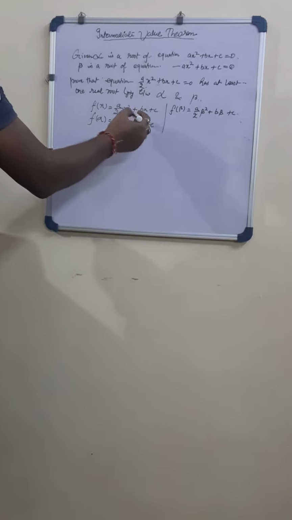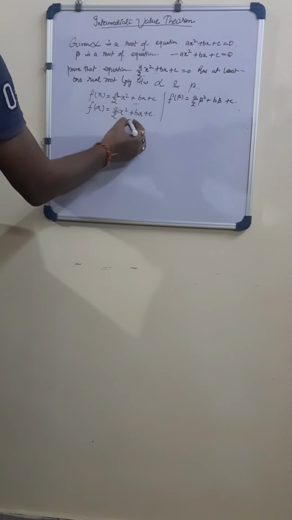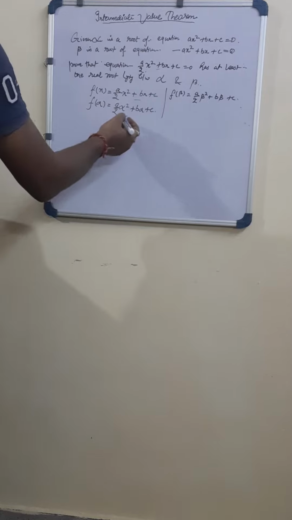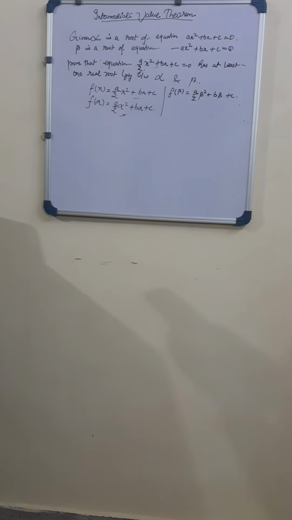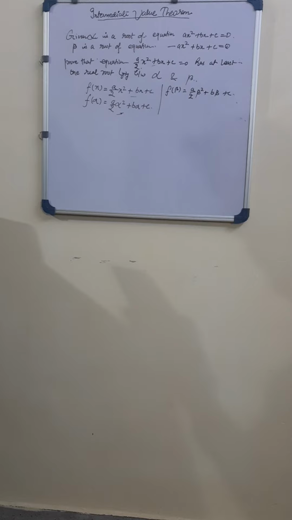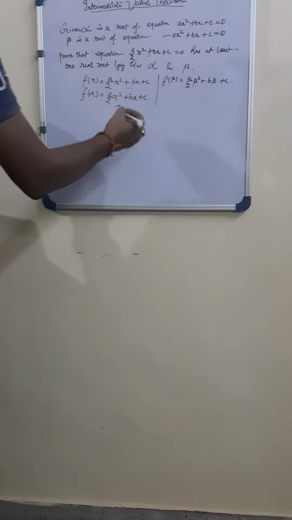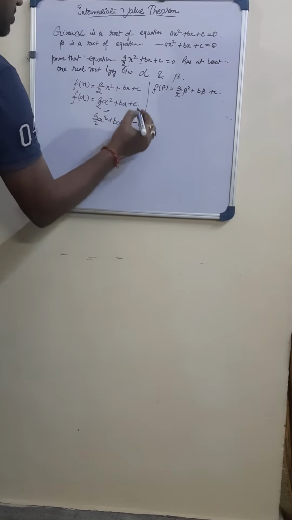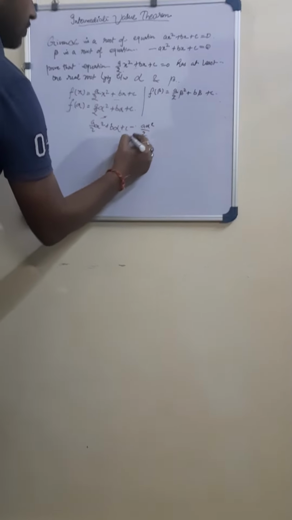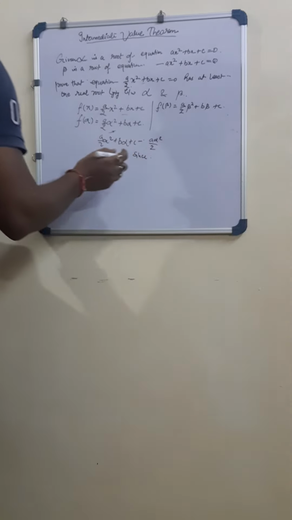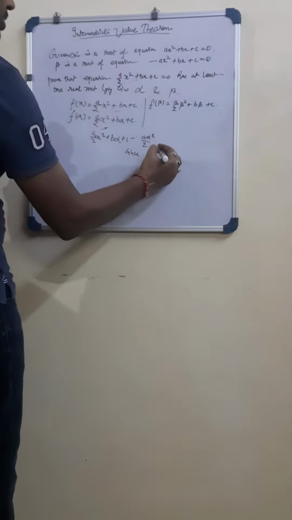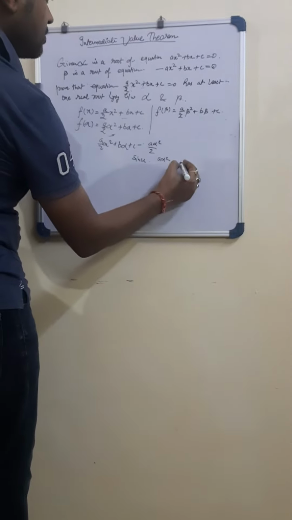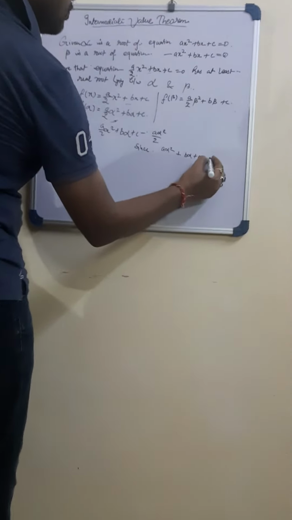So we can substitute here. How do we solve this, a alpha square plus b alpha plus c? So a by 2 alpha square plus b alpha plus c minus a alpha square by 2, since we have a relation a alpha square plus b alpha plus c equal to 0.